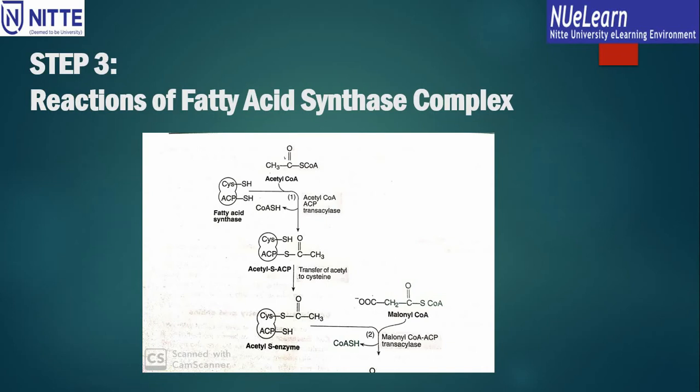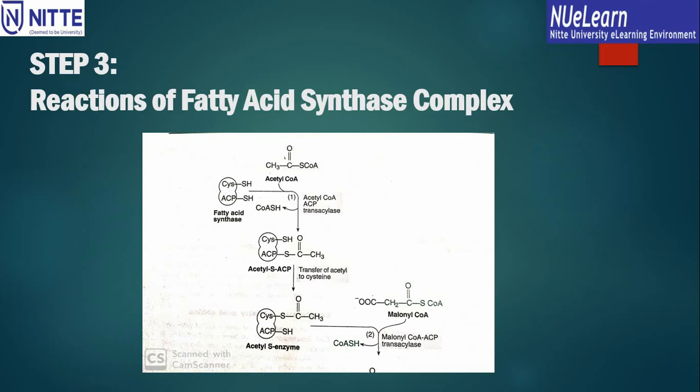That is the first enzymic reaction, followed by a non-enzymic reaction, that is just mere shifting of the acetyl residue which was initially joined to the ACP residue. Now it is shifted to the cysteine residue, thus leaving the ACP residue vacant.